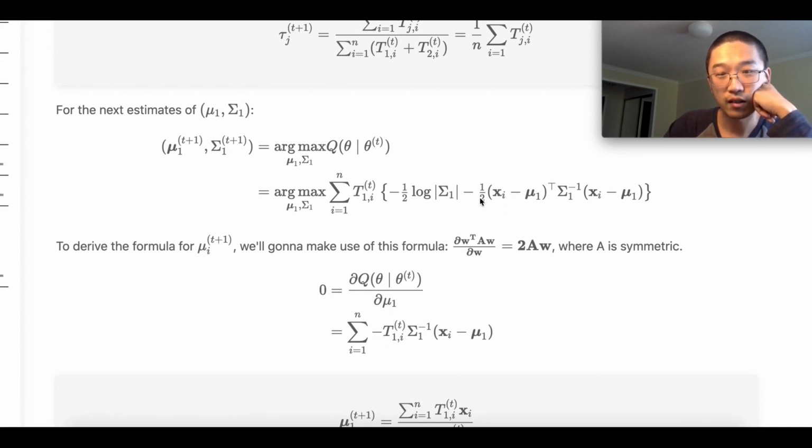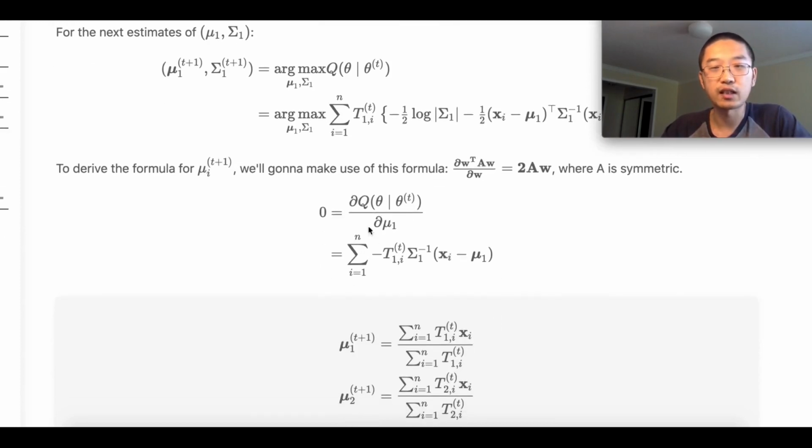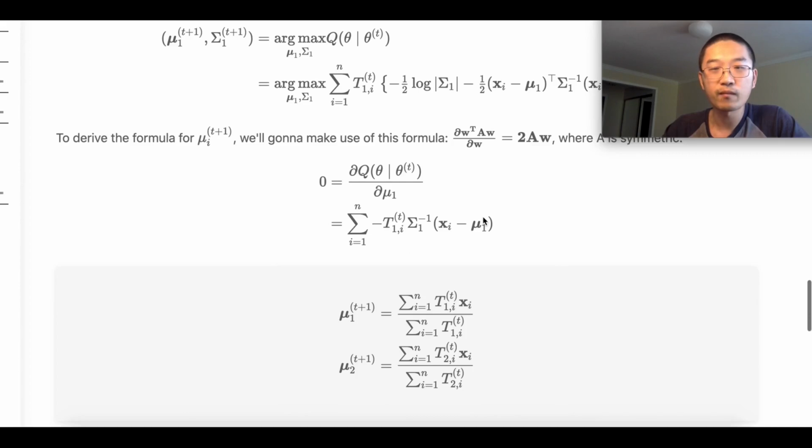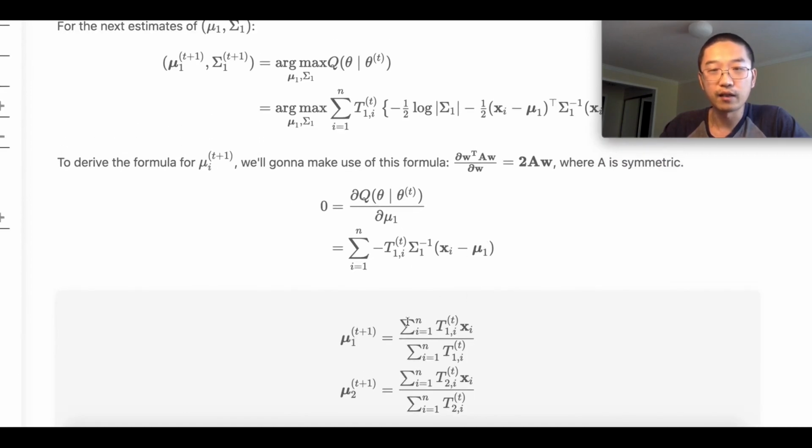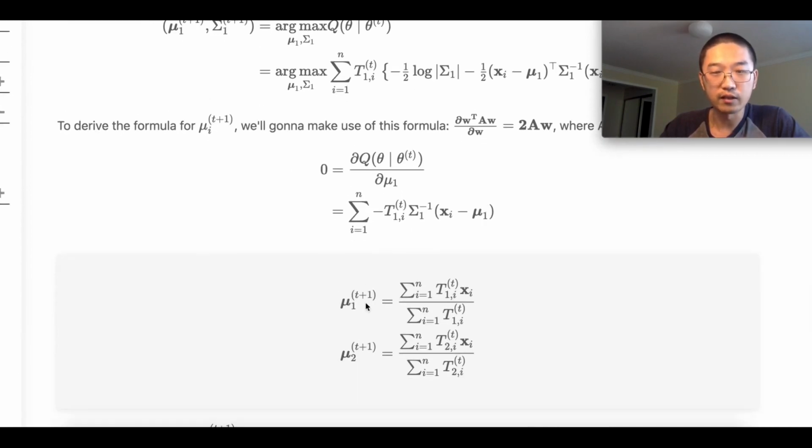The 2 cancels out with the 1 over 2, and the t term comes into the sum, and this quadratic form becomes sigma 1 inverse times the vector xi minus mu1. That's how we get the formula for mu1 using this result.